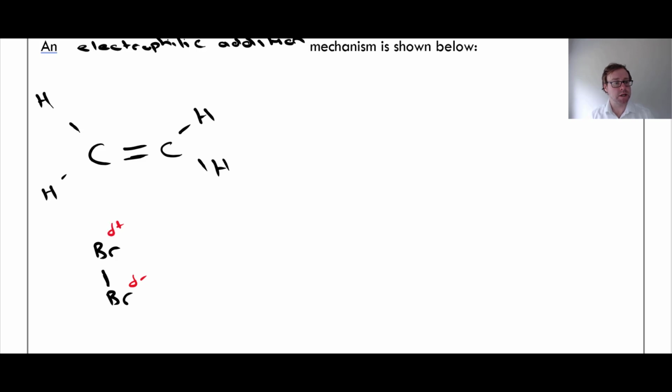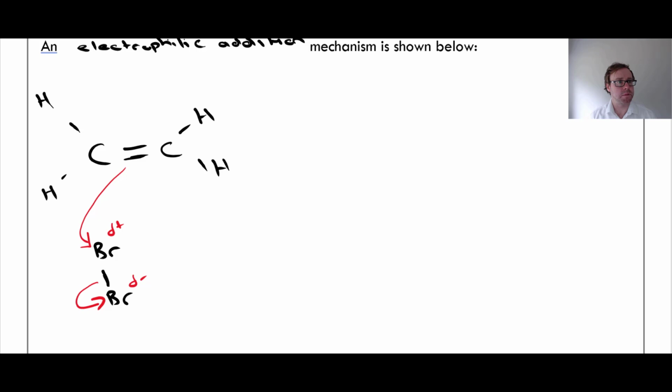So the electrons move further down here, so this becomes delta negative and this becomes delta positive. Now because we have this positive charge here and we have this dense electron-rich area here, this double bond will break via heterolytic fission. This bond will then break.